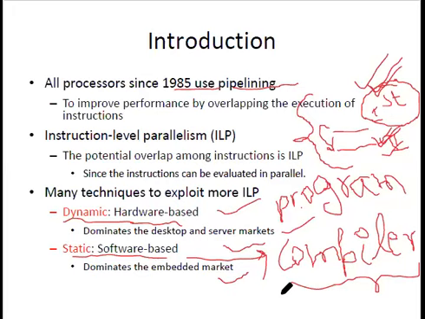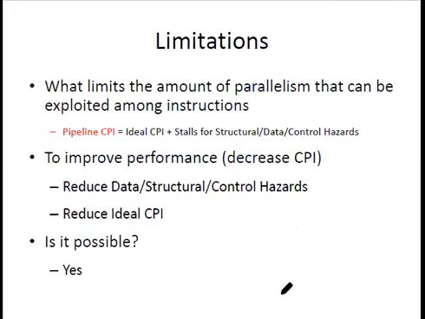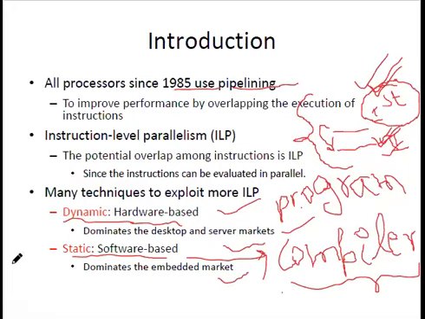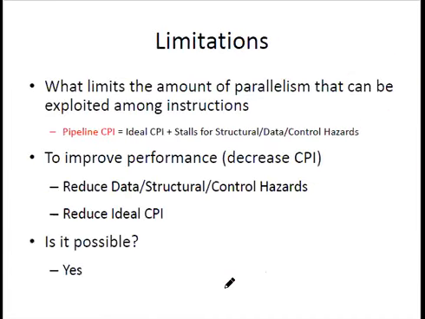Let us switch over to the next slide. This is just a brief overview of the techniques. We will see them in detail in the subsequent slides. These are the limitations imposed by ILP on the conduction of parallelism.